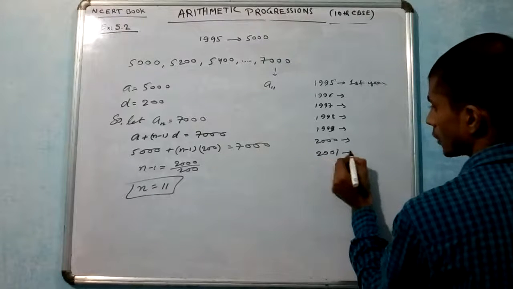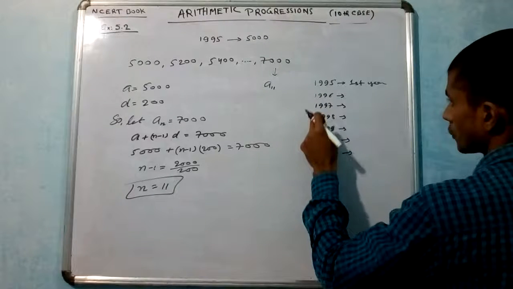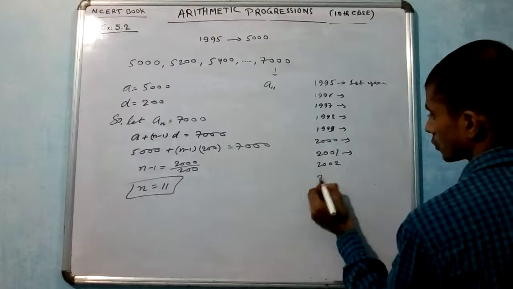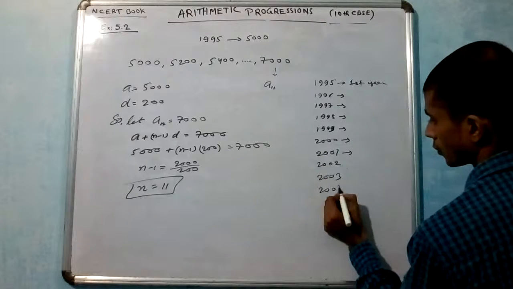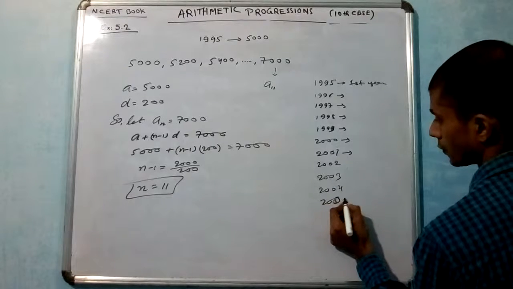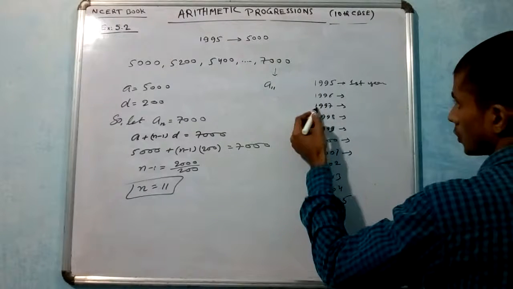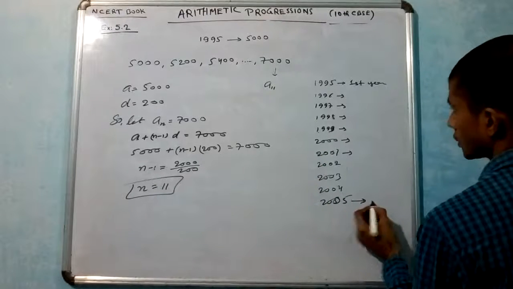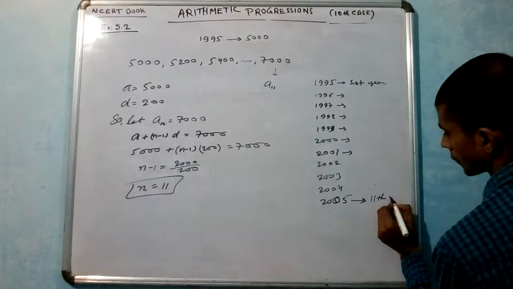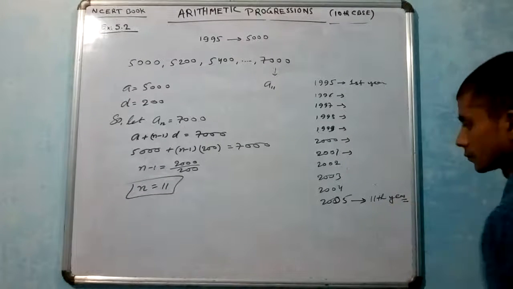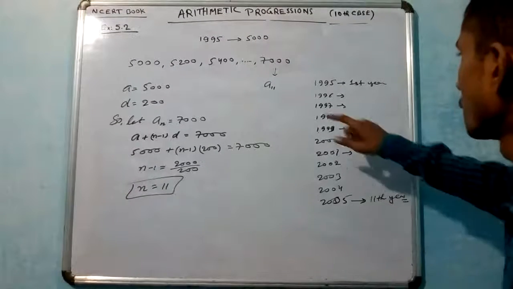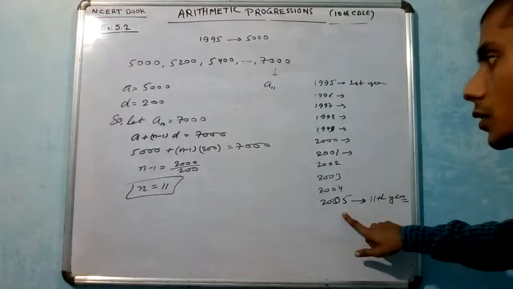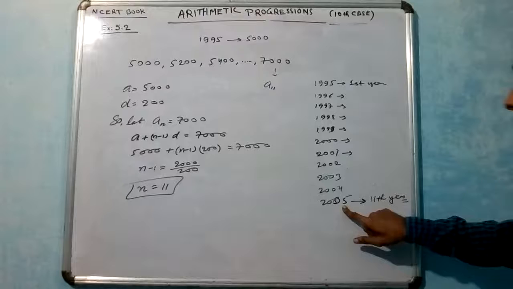How much? 1, 2, 3, 4, 5, 6, 7. 2002, 2003, 2004, 2005. 1, 2, 3, 4, 5, 6, 7, 8, 9, 10, 11. This is the 11th year. Now if you want to find directly, 2005 is the answer. Got this? In 2005, his annual salary will be 7,000.